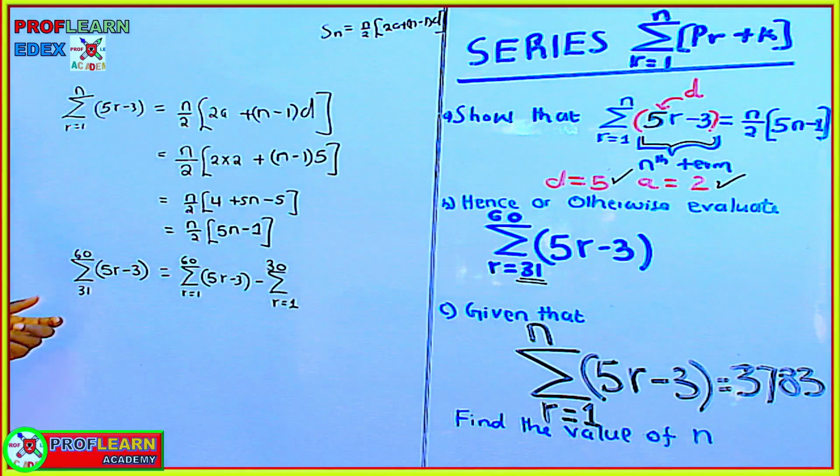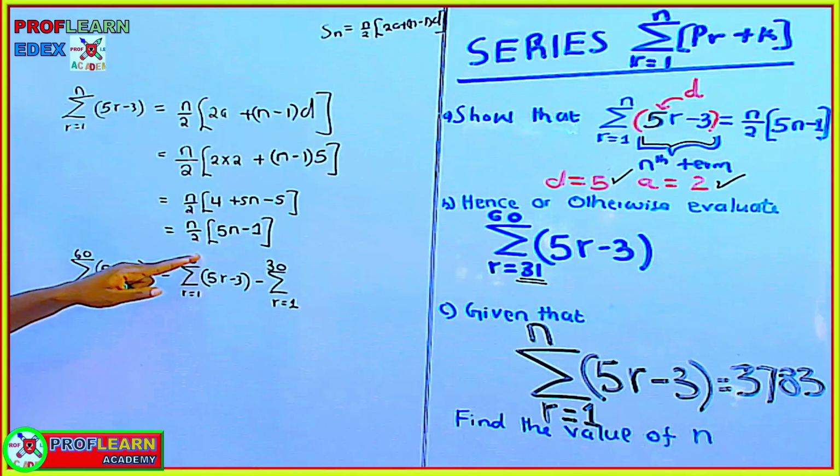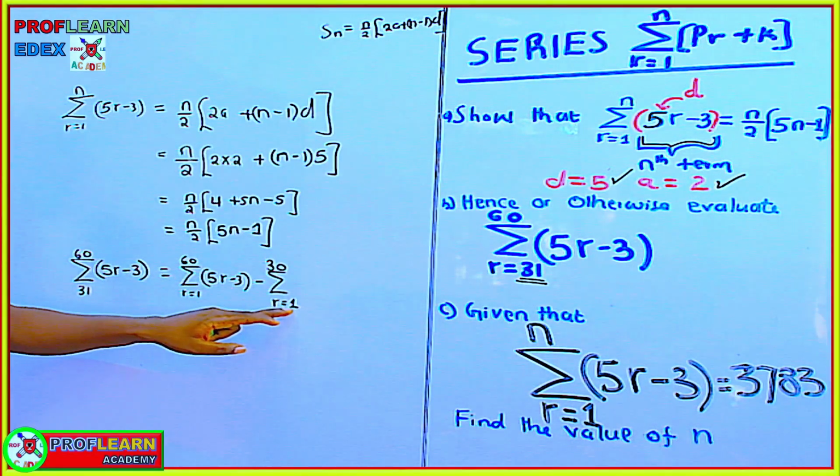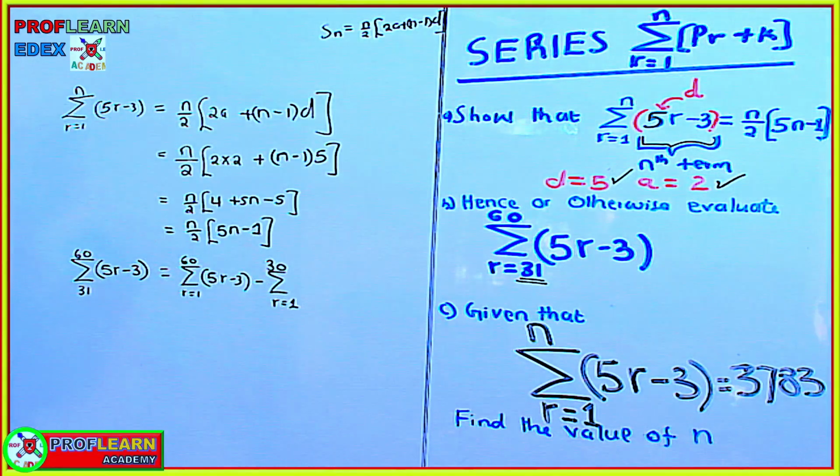So if we are evaluating from 31 to 60, that is the same as 1 to 60, then subtract 1 to 30, just the number before 31.